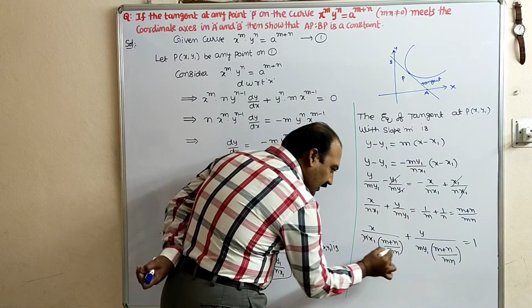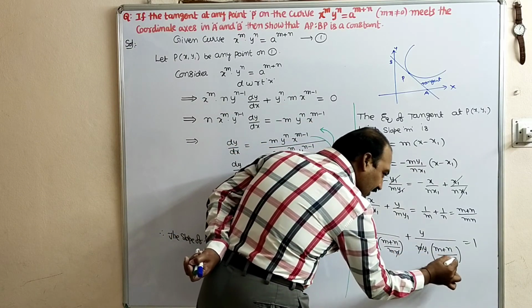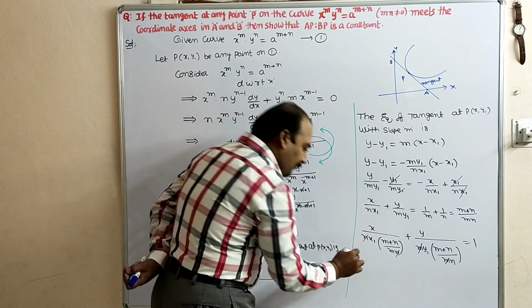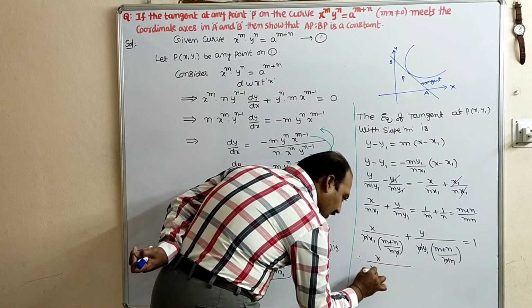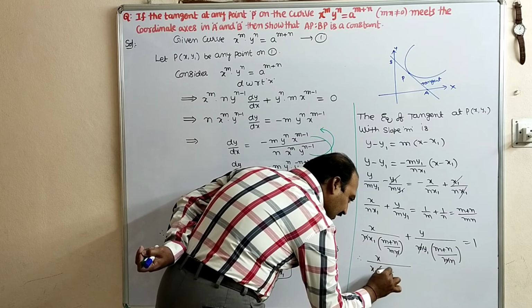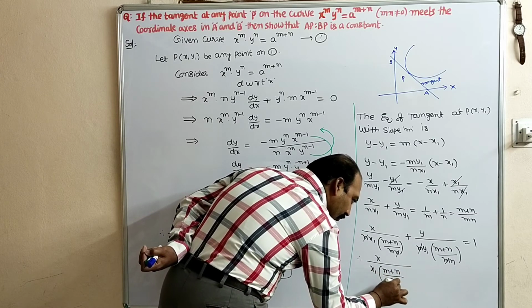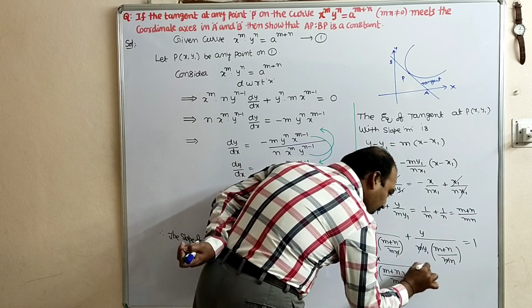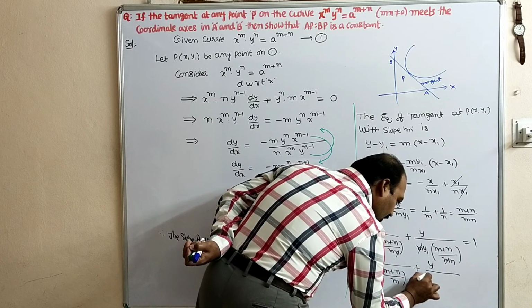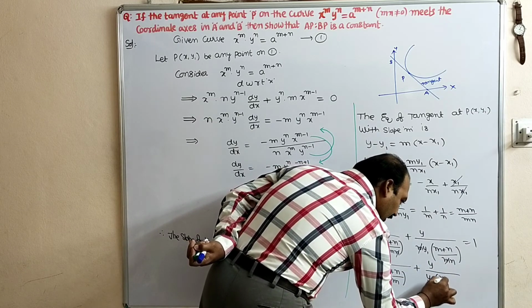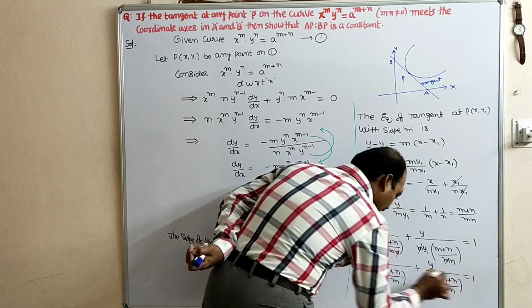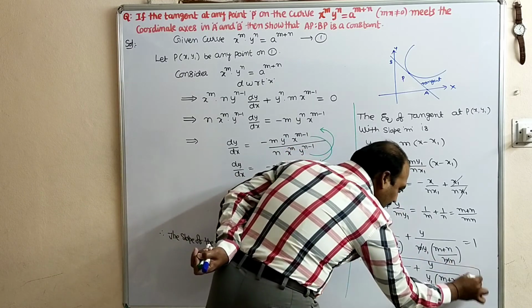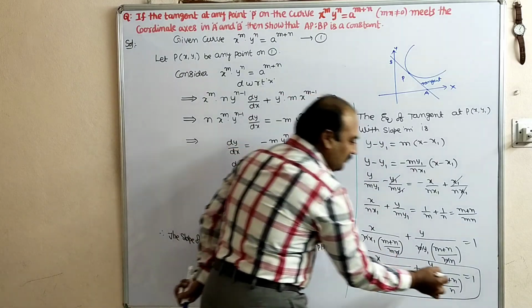Here n gets cancelled, here m gets cancelled. Therefore, x by x1 into m plus n divided by m plus y divided by y1 into m plus n divided by n is equal to 1. This is the equation of tangent.